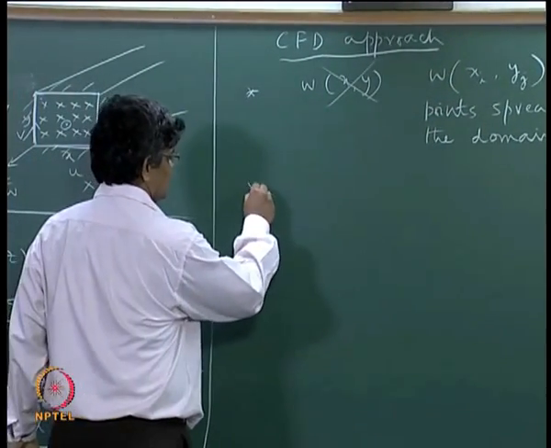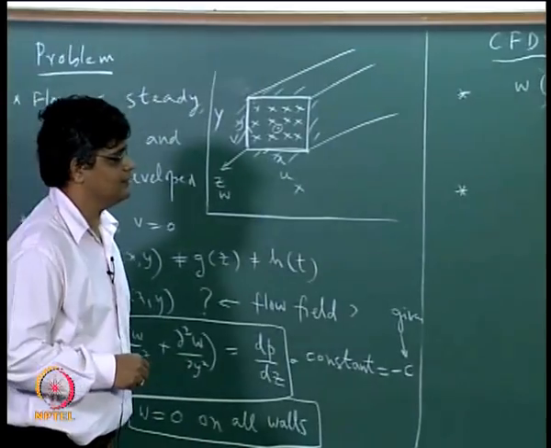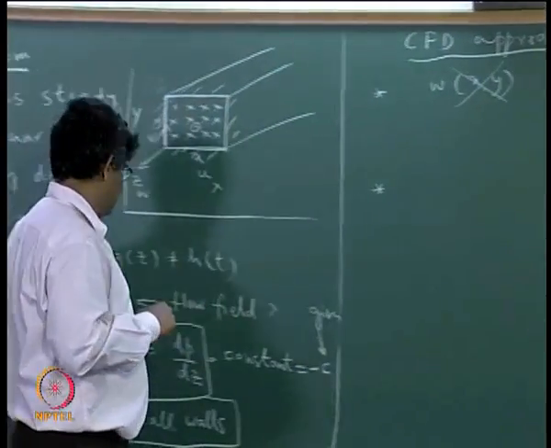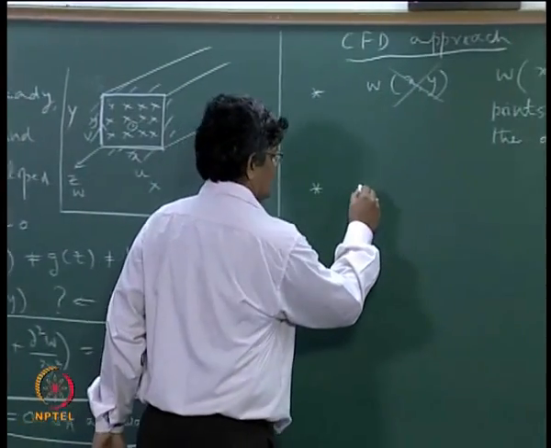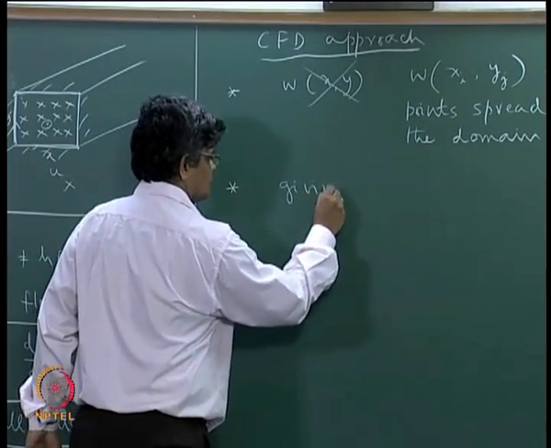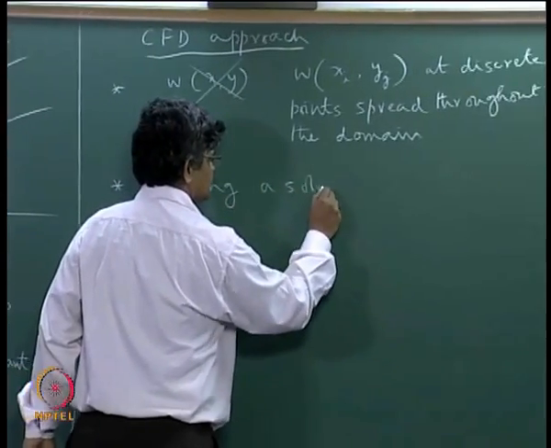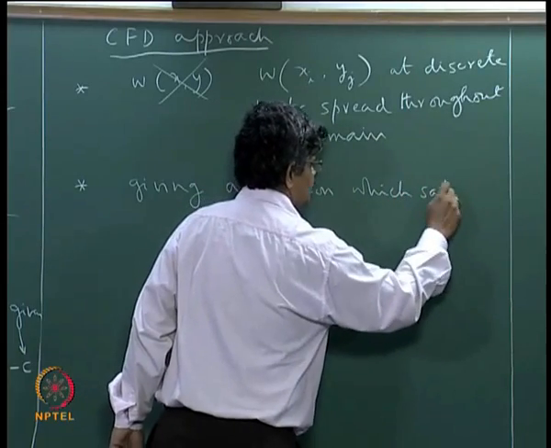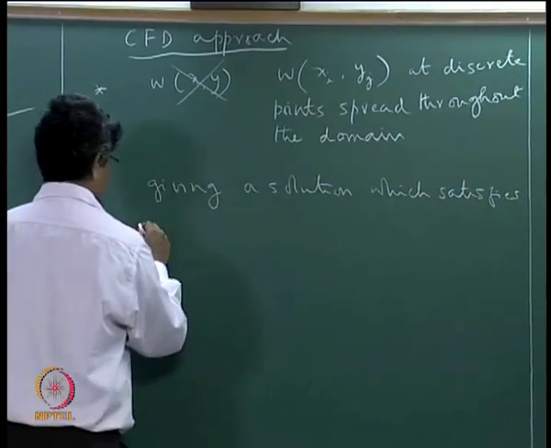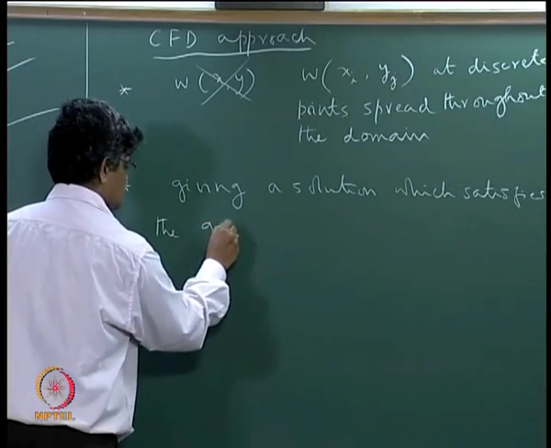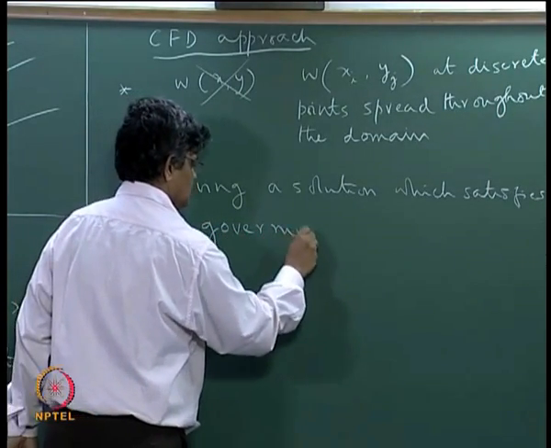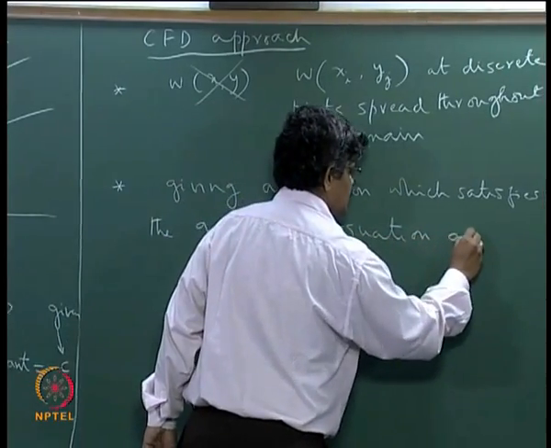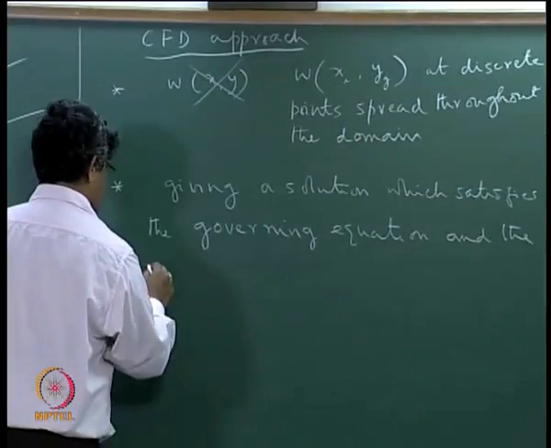The second point that we want to emphasize about CFD is that we are not giving a solution which satisfies the governing equation exactly. So we are giving a solution which satisfies the governing equation and the boundary conditions approximately.